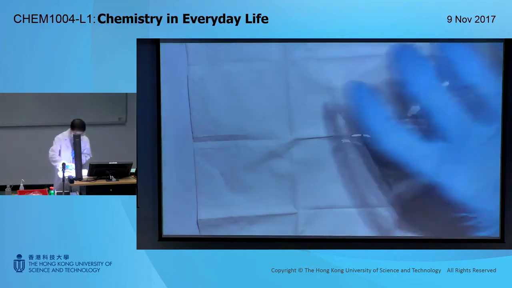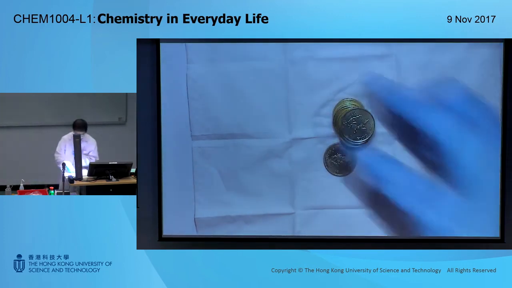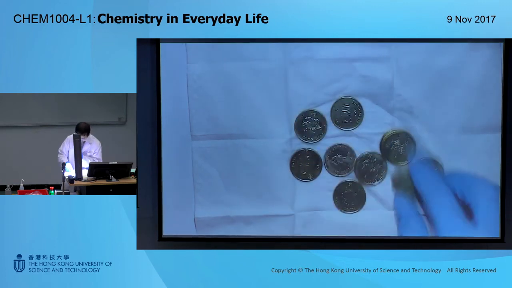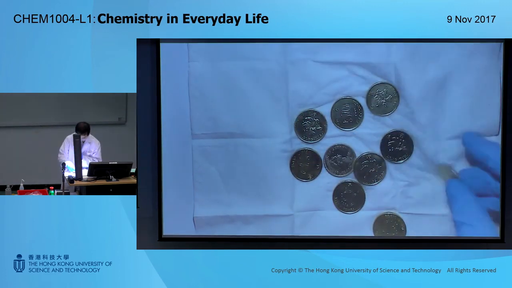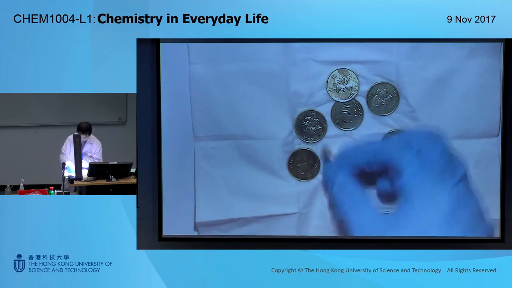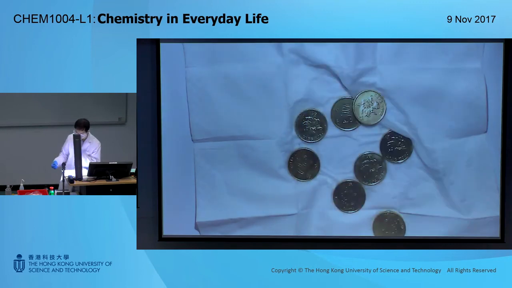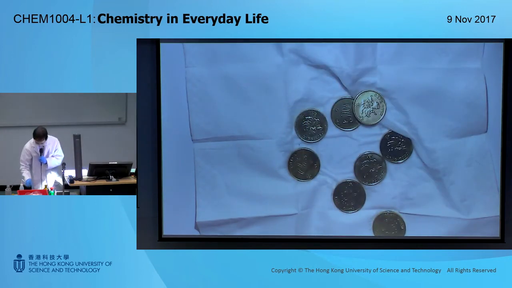Okay, so here you can see the coins after acid wash are all nice and clean. But there are some of them that still need a bit of cleaning, I think, like this one and this one. Still a little bit on the surface. I will just get rid of these surface blemishes.